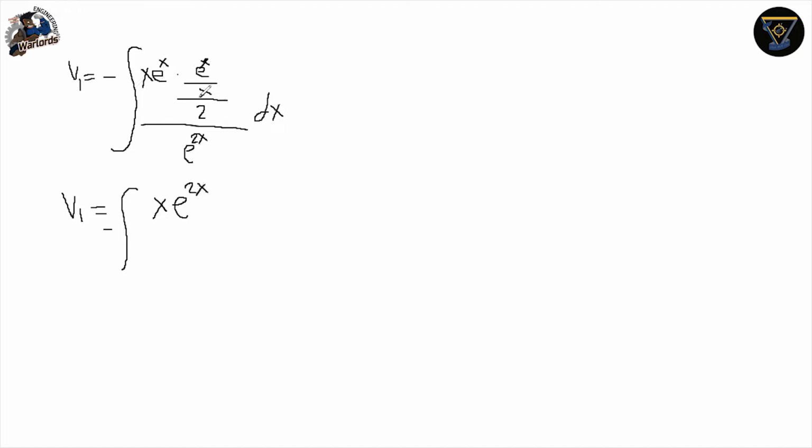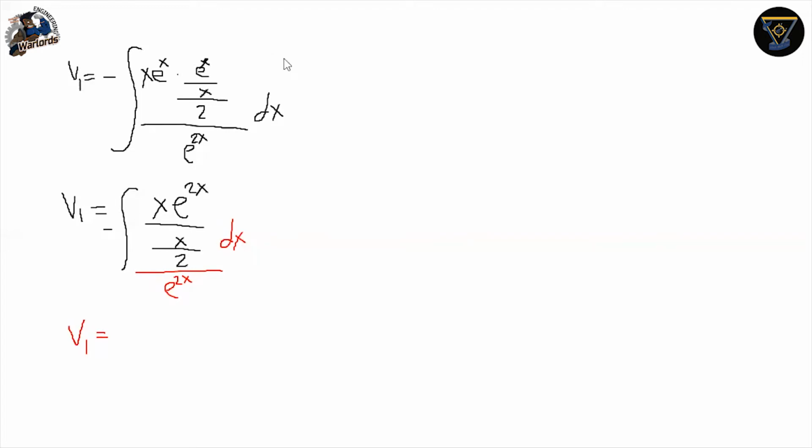And it's being divided by x, and then over 2. So you're dividing it by 2. And then all of it now is divided by e to the 2x. And you have your dx. So all we need to do is integrate. Once you can integrate, that means that you'll be fine.